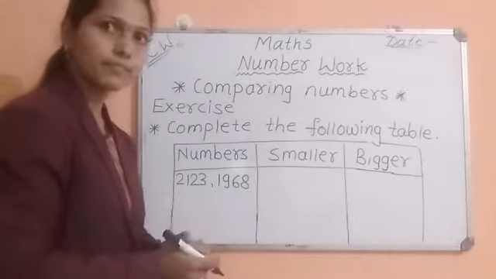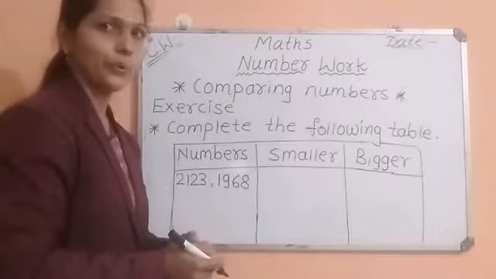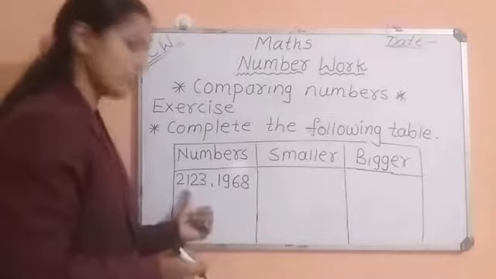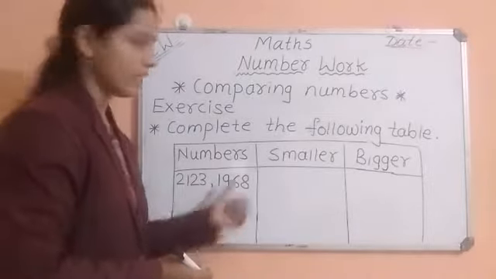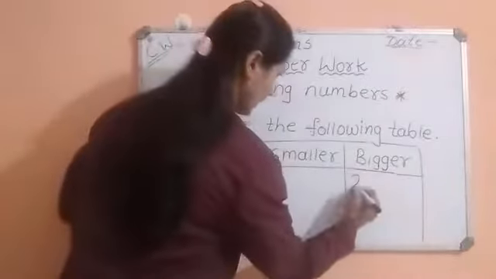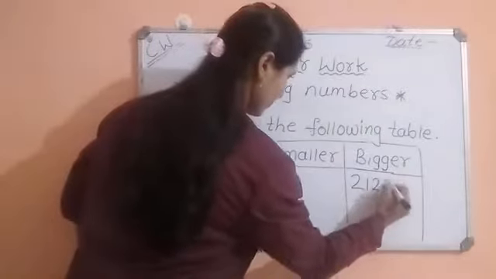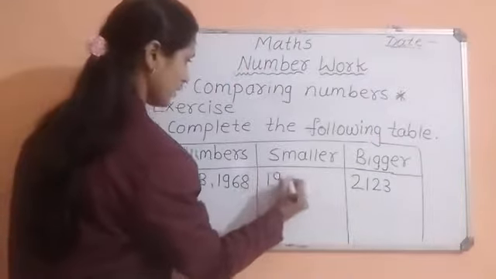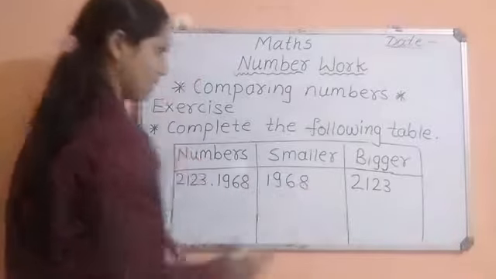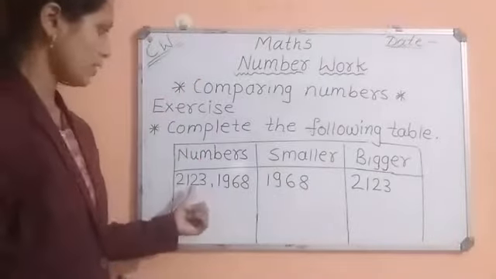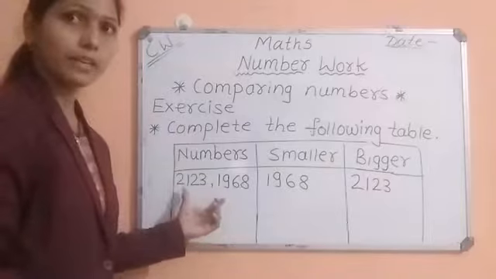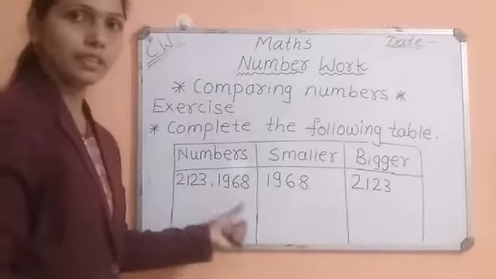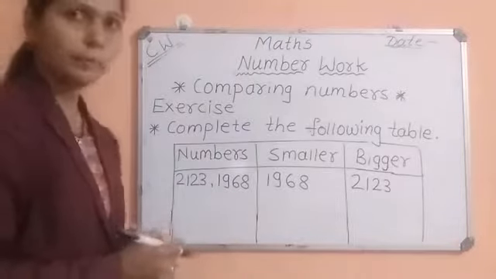Correct? No. Okay, I know you are very clever. So 2123 is the bigger number. So here write down. And the remaining is the smaller one, so 1968. Because 2000, which number has greater thousand? This 2123. That's why that number is the bigger number.